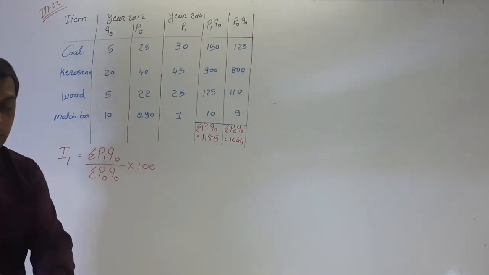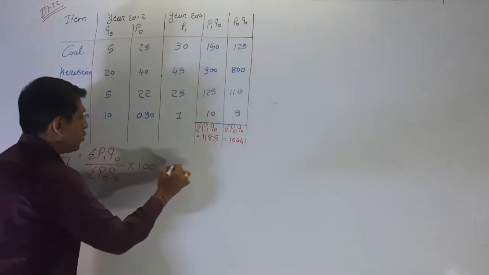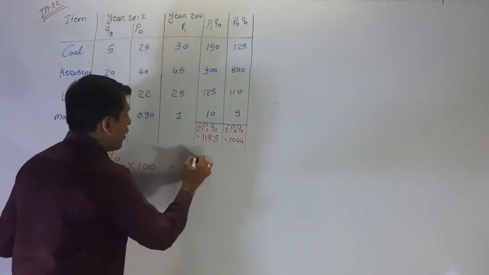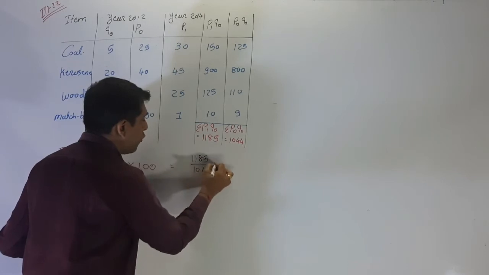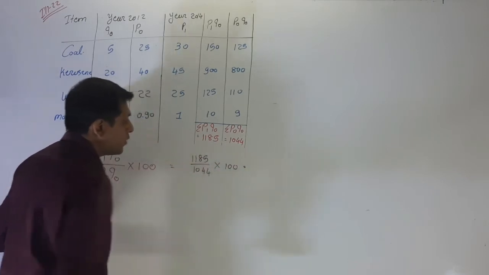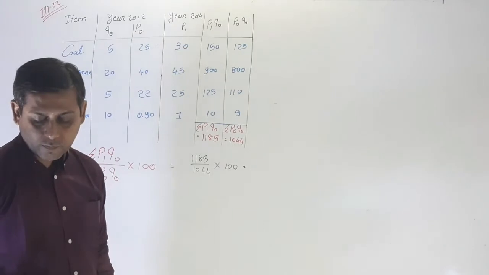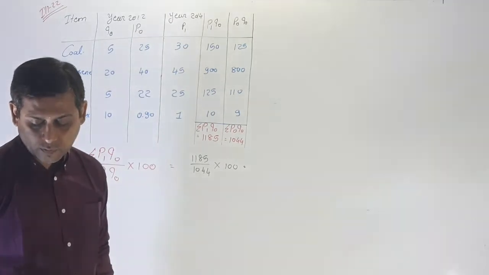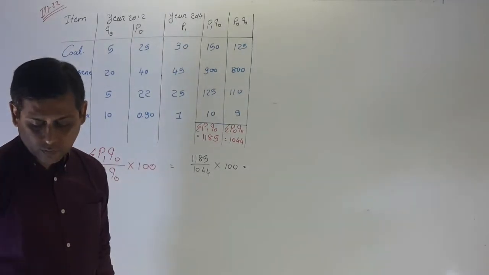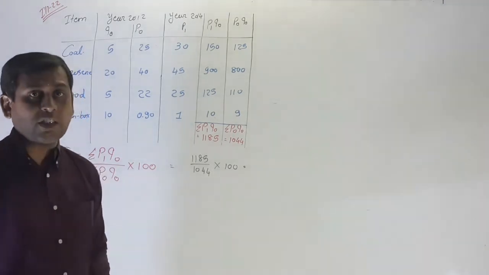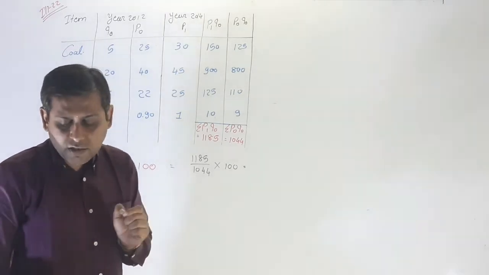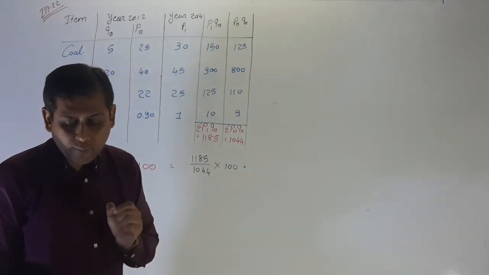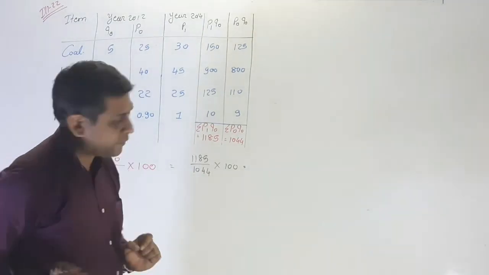So now put the value: P1 Q0 1185 divided by 1044 into 100. So what is your answer? The fuel group index number is 113.5057.